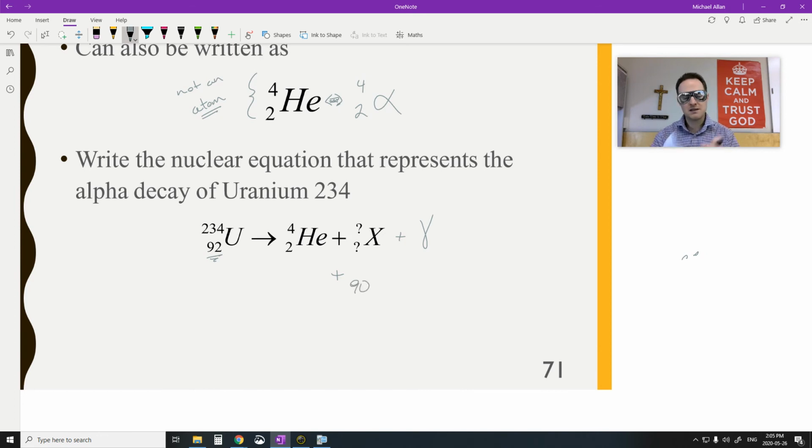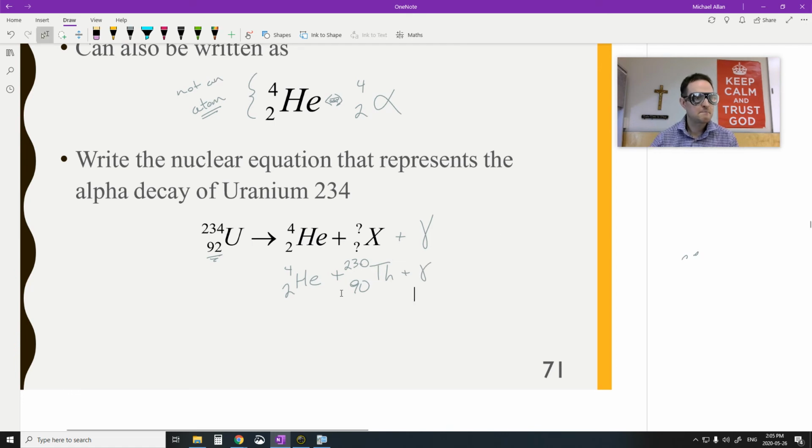And you look at your periodic table. 90, right down here. Thorium. So it's going to produce thorium. And the top numbers have to add up as well. So it had to add up to 234. I've used 4 up already, so this has got to be 230 plus that.